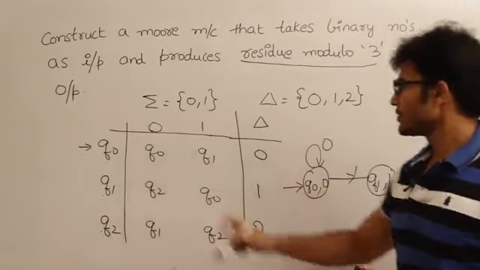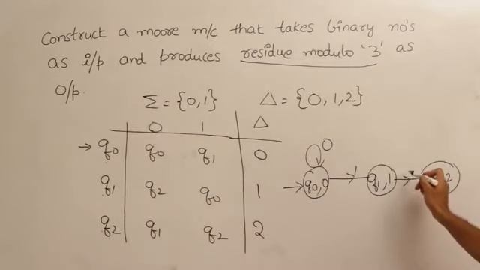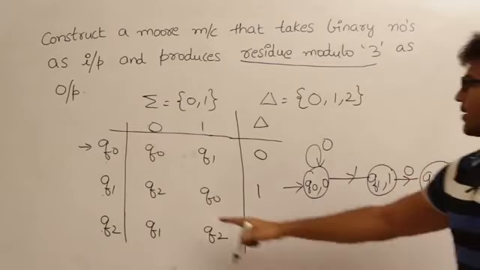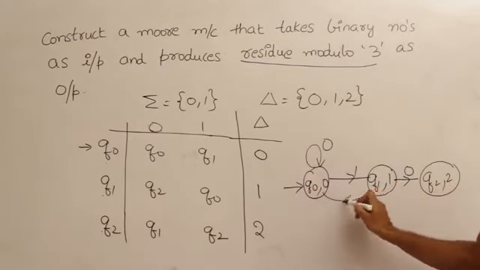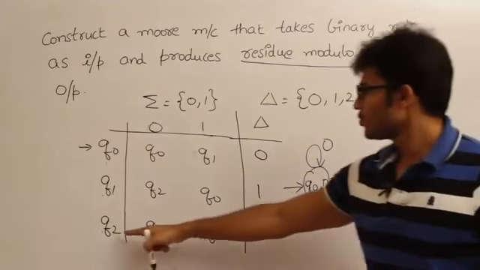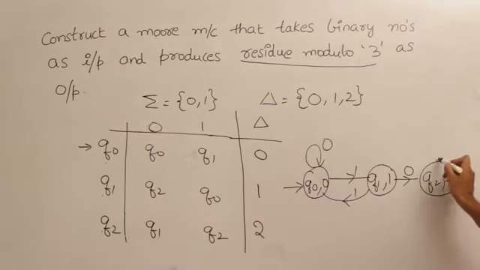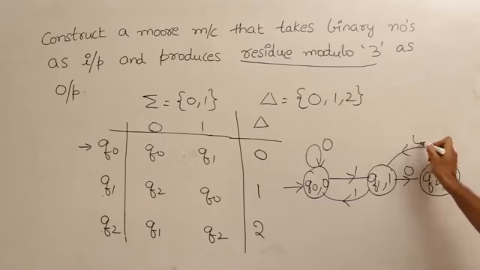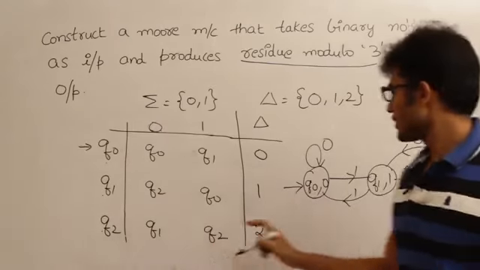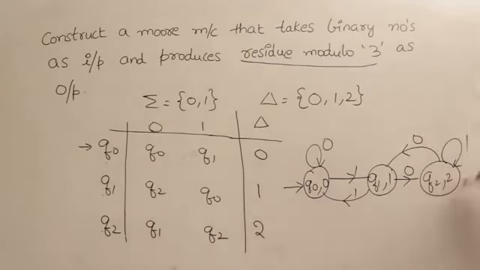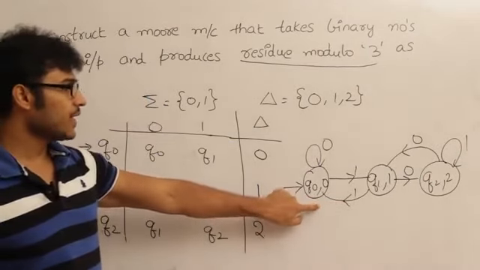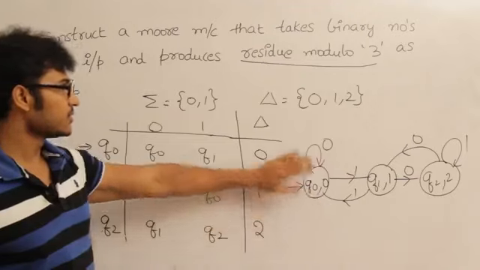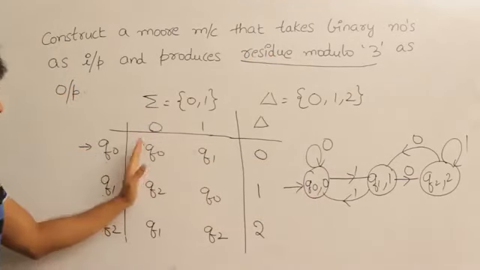Q1 on 0 goes to Q2, and Q1 on 1 goes to Q0. Q2 on 0 goes to Q1, and Q2 on 1 remains in Q2 itself. So this is the state transition diagram for the same question, and this is the state transition table.